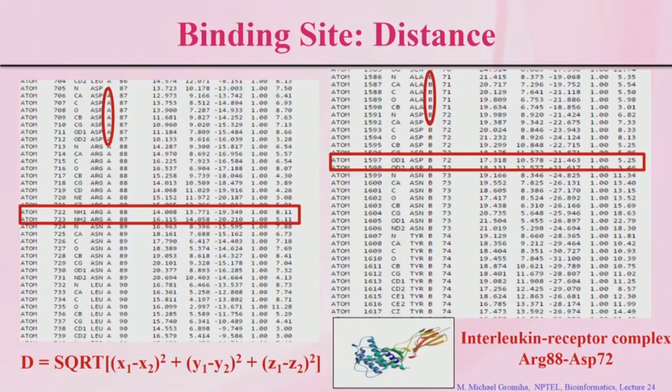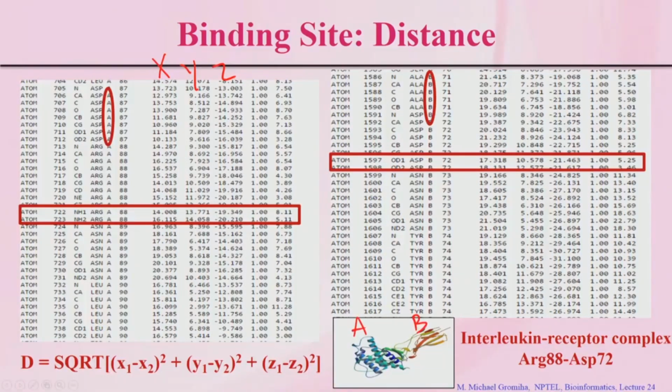Now I show the PDB coordinates. In the PDB you get the XYZ coordinates. This is chain A and this is chain B. Here you see the complex, an interleukin receptor complex; this is chain A and this is chain B, for example.